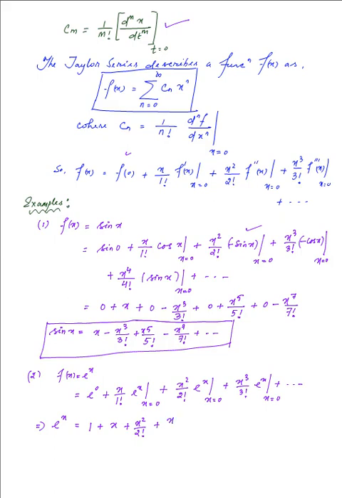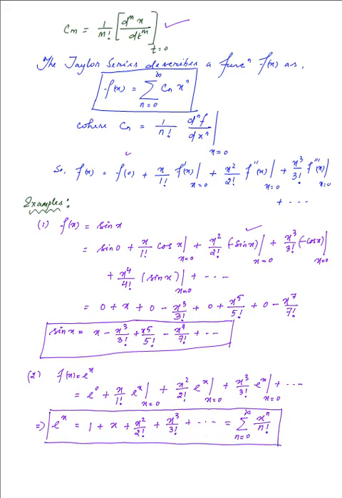So we have x cubed over 3 factorial, and it carries on and on. So this is the expansion of e to the power x. In general, we can give the representation from 0 to infinity as simply x to the power n over n factorial. So this is the expansion of the exponential term in the Taylor series.